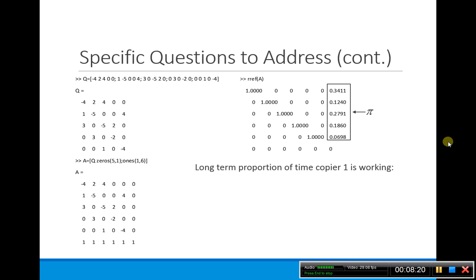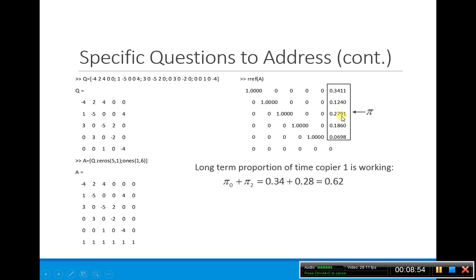So what is the long-term proportion of time copier 1 is working? Copier 1 is working whenever no machines are broken, or when only copier 2 is not working. All the other times copier 1 is broken. So the only time copier 1 is working is if no machines need repair, or only copier 2 needs repair.